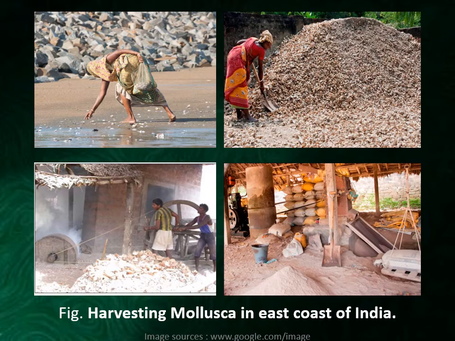They collect them and gather them in an area, and they use these shells for poultry feeding. They churn them and make small fragments, which become a raw ingredient for calcium supply to the chickens, to the poultry farms.